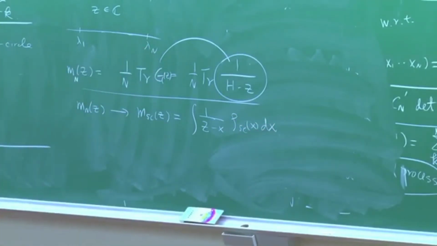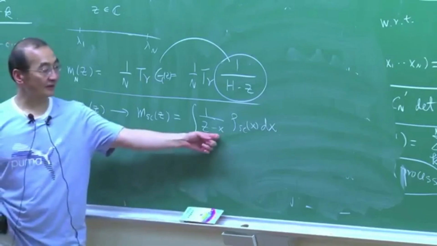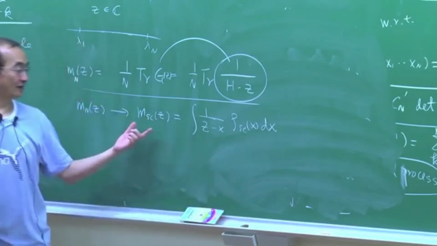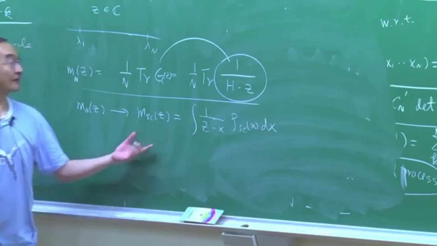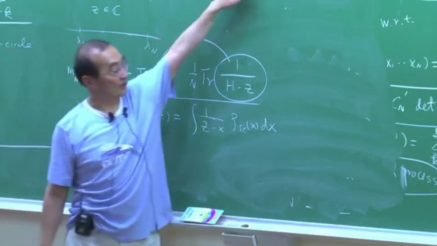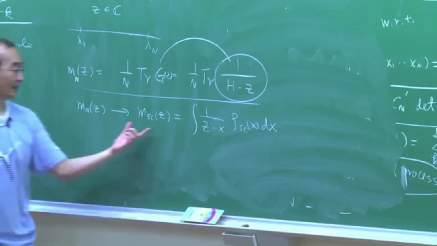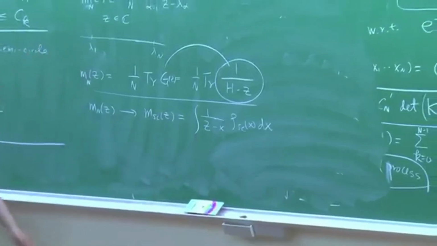This means x is given by the semicircle law, which I call semicircle. Because the empirical measure converges to the semicircle law, I know that m_n(z) is going to converge to m_sc(z).